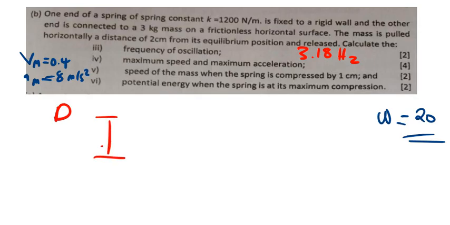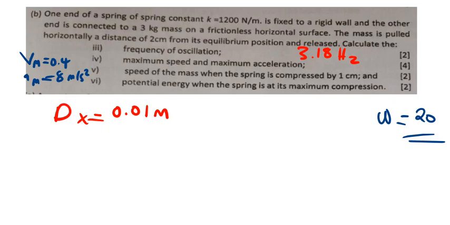You've compressed this spring to about 1 centimeter. So the displacement is 1 divided by 100, that gives us 0.01 meters.